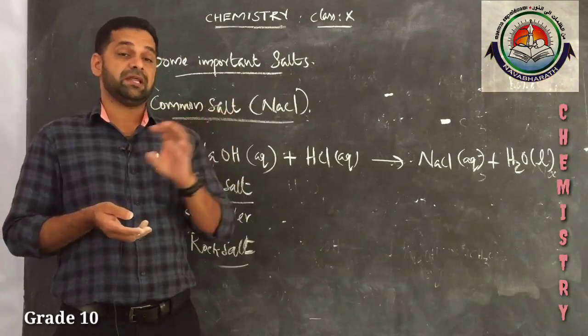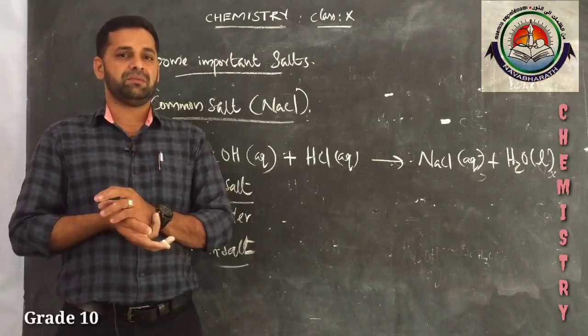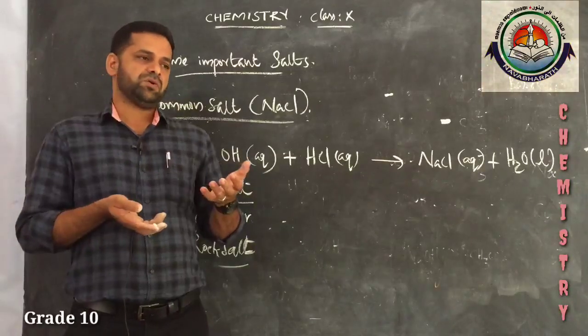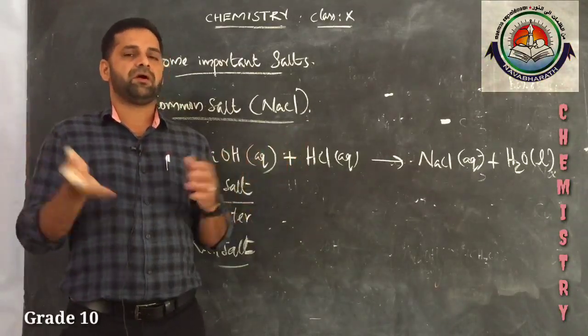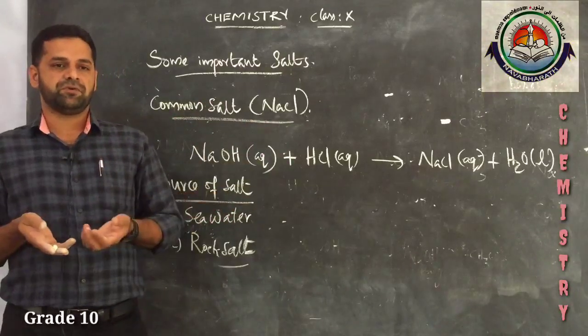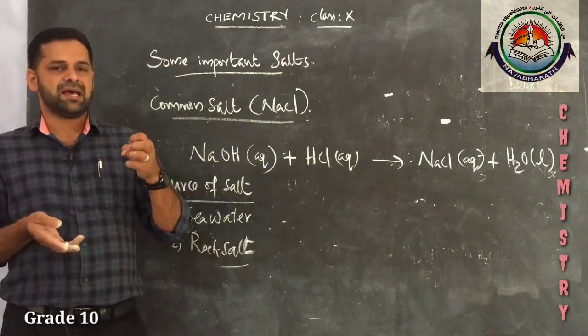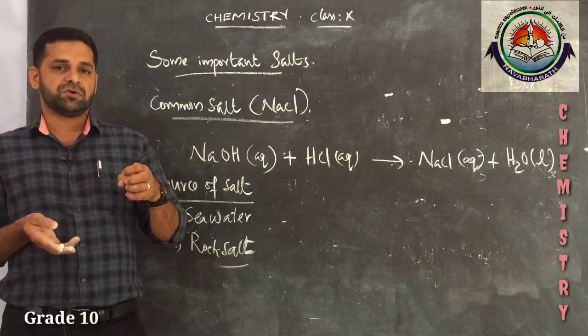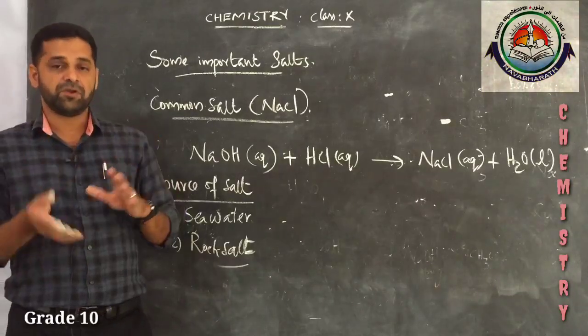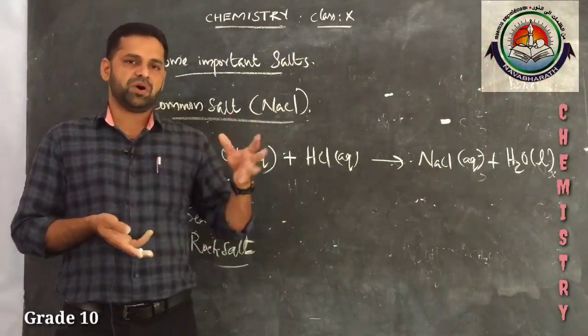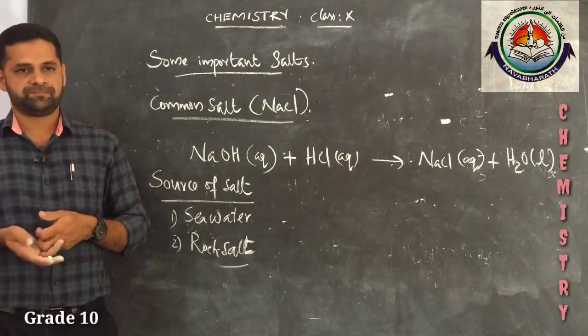Why? Because it contains many impurities. It is dispersed in different parts of the world, and it has brown color because of the impurities present in it. So, these two are the main sources of sodium chloride.